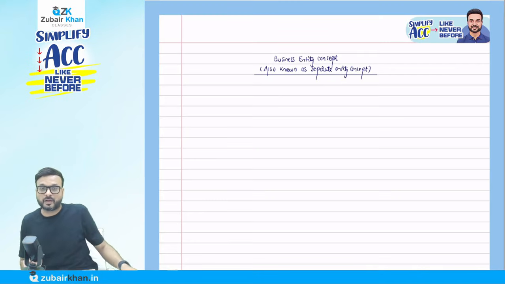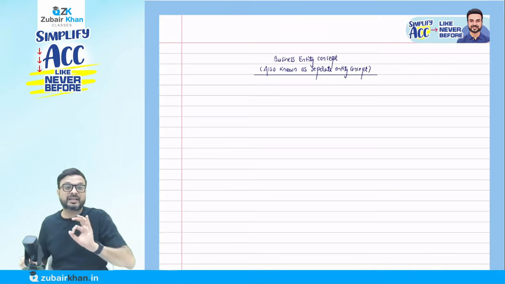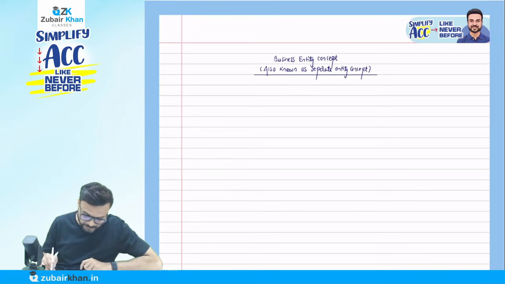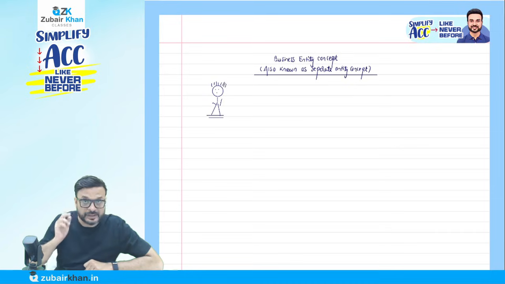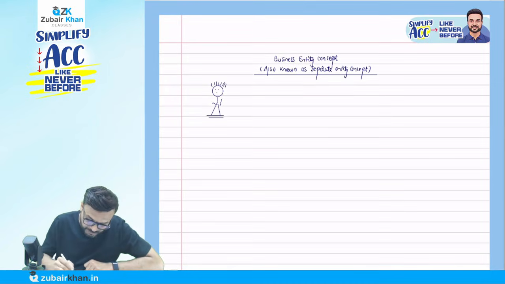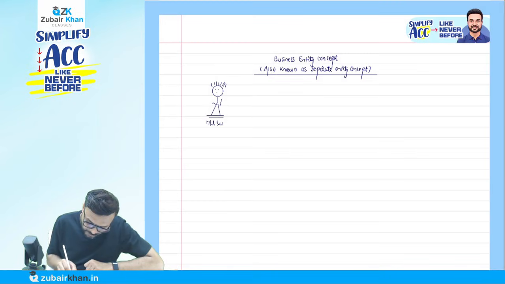Now understand what this business entity concept is. Suppose there is a person who wants to do a business, and his name is, let's say, Mr. Sumit. Mr. Sumit is the owner of the business.